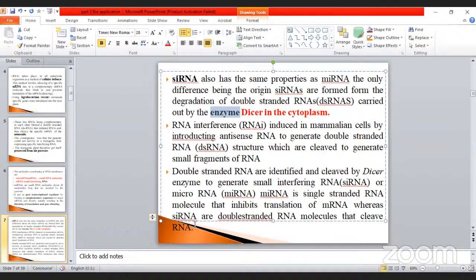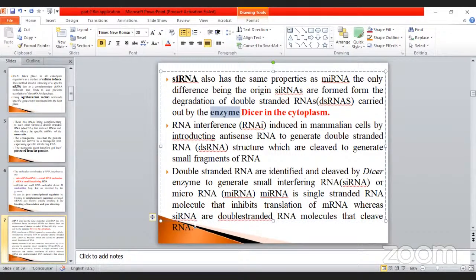This is a concept you may not understand properly at first; go through it and you will get the idea. First, note down that siRNA without dicer will not act, because it needs an enzyme, dicer, present in the cytoplasm. Second, double-stranded RNAs are identified and cleaved by dicer, as we discussed.